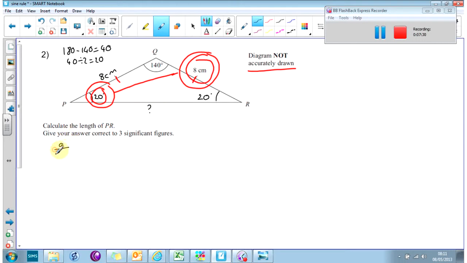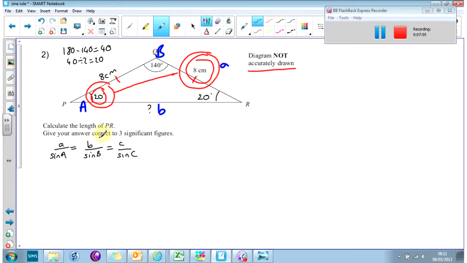So a over sine A is equal to b over sine B, which is equal to c over sine C. So I'm going to label my triangle up now. This is my pair that I've started with, so I'm going to call this one angle A, which means this is little a, and I'm going to call this one B, which means this is little b.